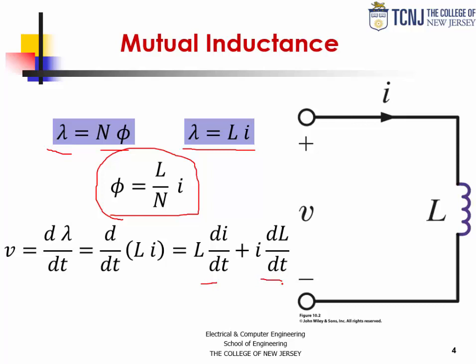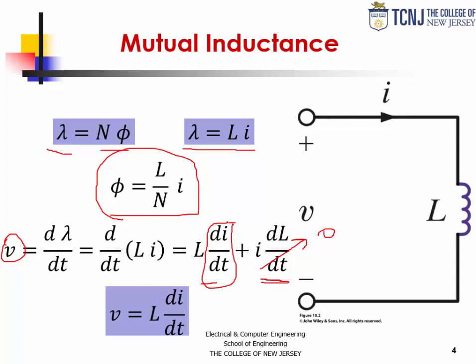Now we're working here with non-time varying devices, so it is safe to assume that for our inductors, the inductance does not change over time. So in this term, the derivative is going to be 0. And we are left with our familiar equation that says that the voltage in an inductor is equal to the inductance times the derivative of the current. And we have seen this before in previous submodules.